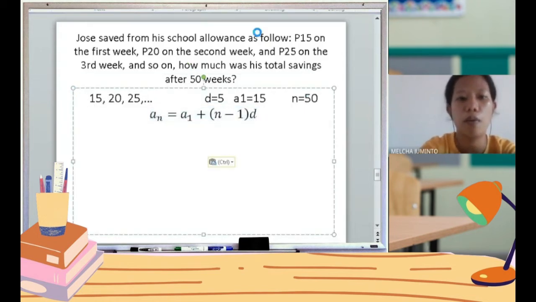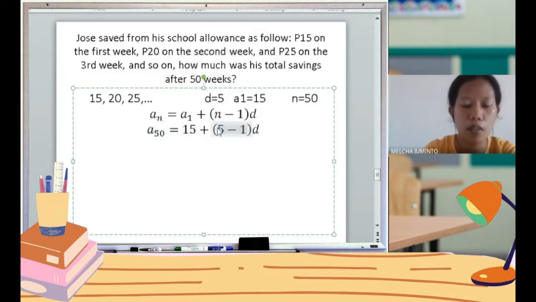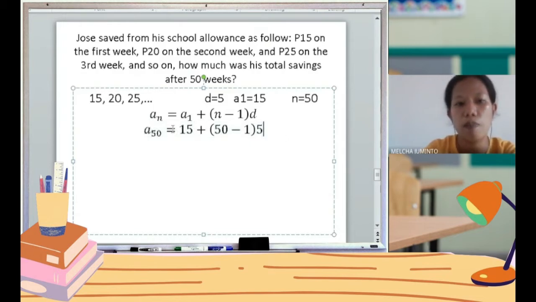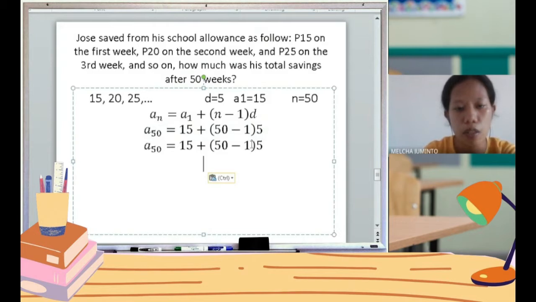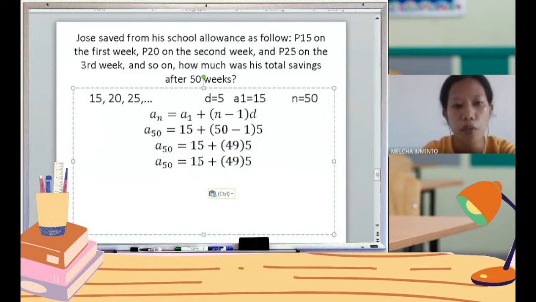And then with this formula, we can now replace those which are given from the problem. We have the first term, which is 15. We know that there are 50 terms in the sequence, and we know that the common difference is 5. Next step is to solve this equation by simplifying using the operations. 50 minus 1 is 49, and then multiply 49 by 5. Multiply first before adding.